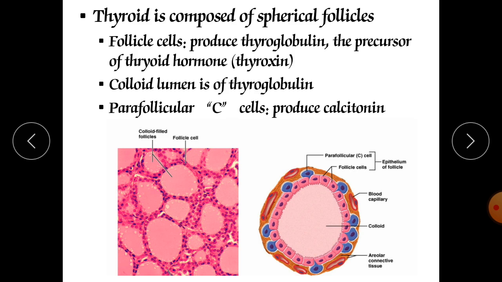Here you can see the follicular cells, and the blue colored cells are the parafollicular C cells, which produce calcitonin, while the follicular cells produce thyroglobulin, required for the production of T3 and T4. Here also these are the follicle cells, and this is the colloid filled follicle. This is the colloid, and this is the areolar connective tissue.